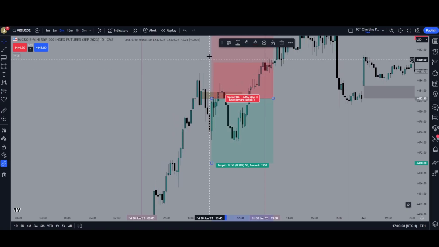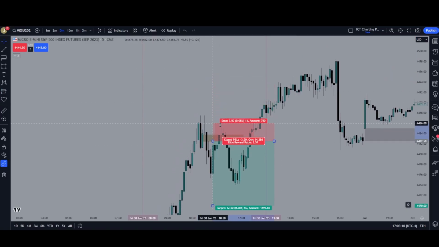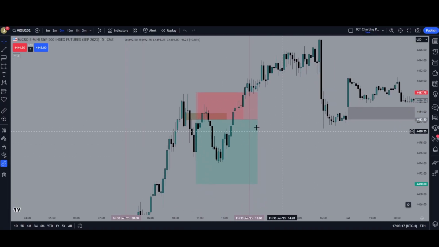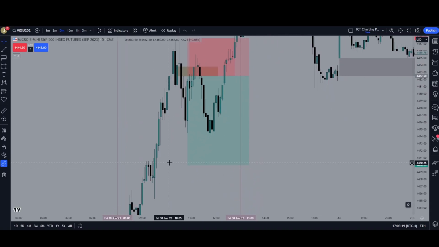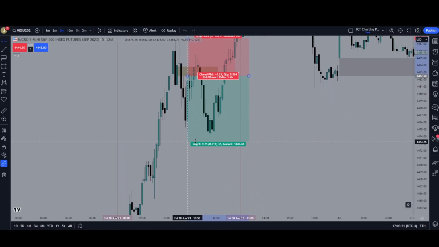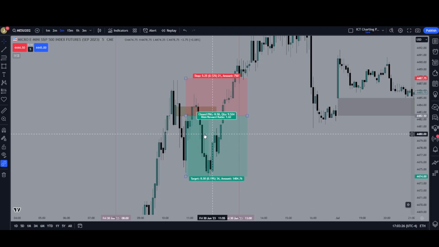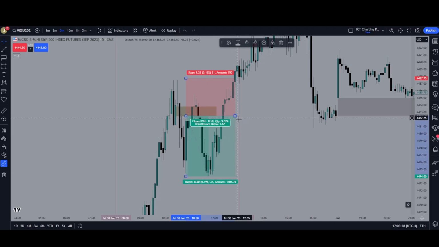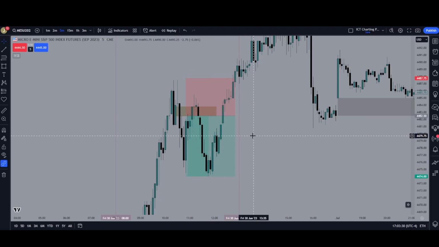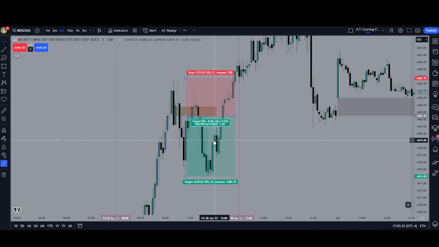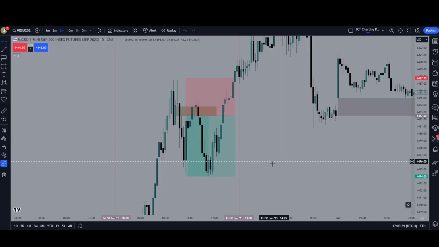So we have a stop here of almost 5.5 handles, but we deliver 8 handles. So under 2 RR there, but again, you want better RR when you have a lower win rate, and if you have a higher win rate, then you at least want 1-to-1 RR so you can have a winner for every loser, but your win rate's more, so you're obviously going to win more.